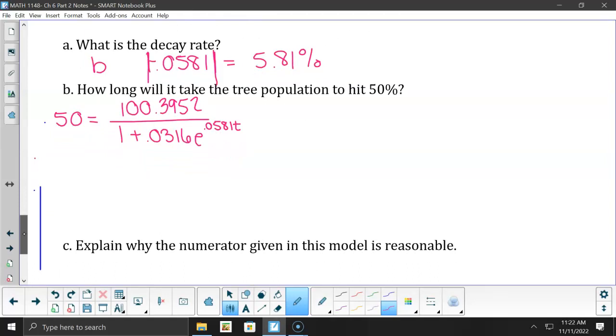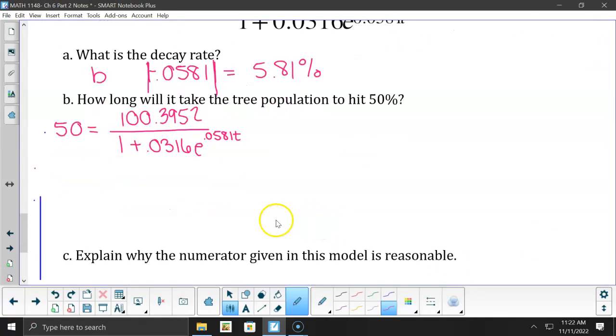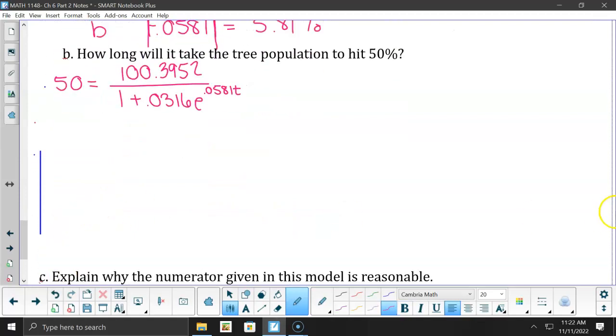All right. So, let me get us some extra room. Treat it like a proportion. I'm going to multiply that entire denominator up.